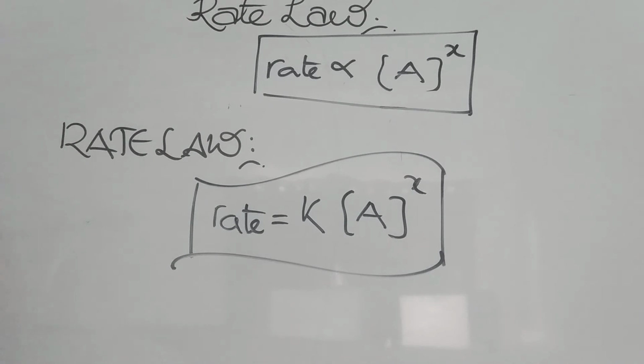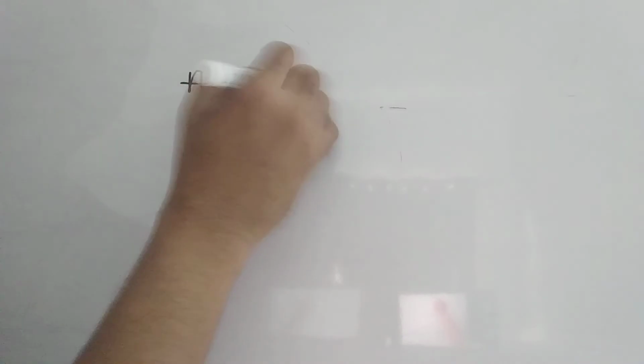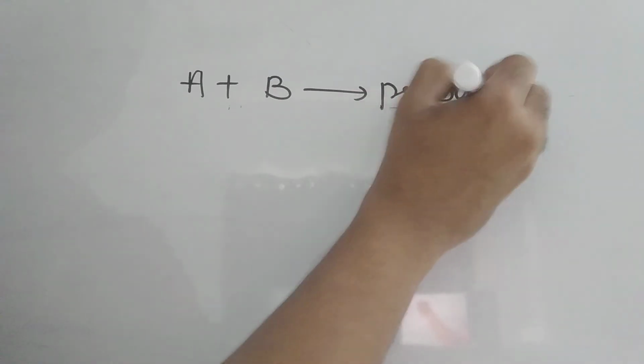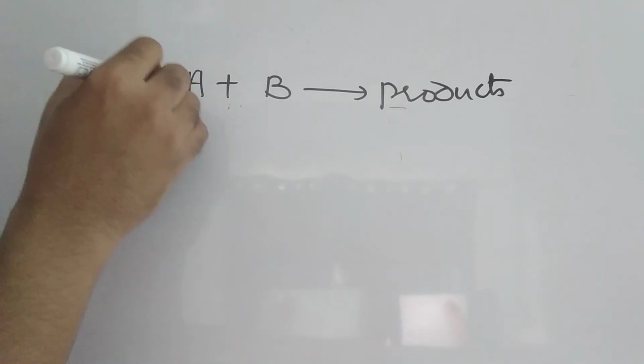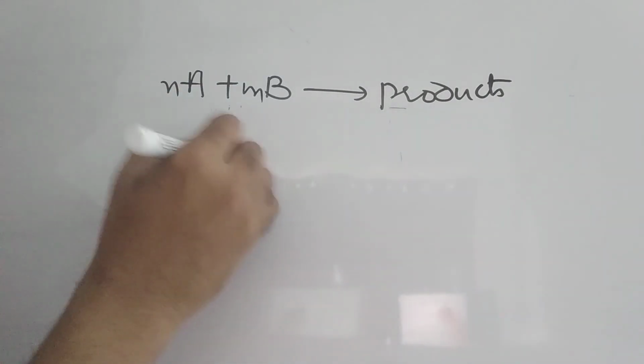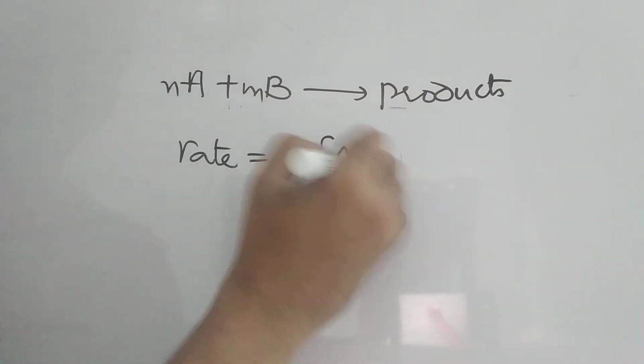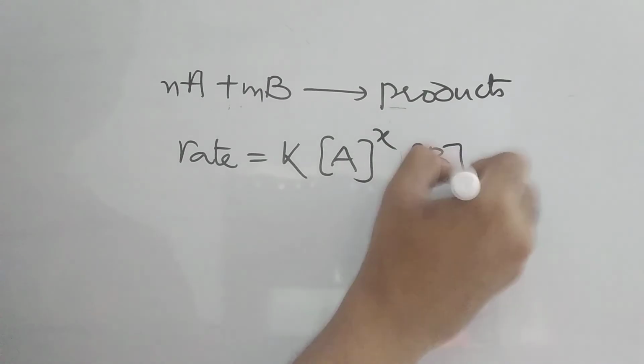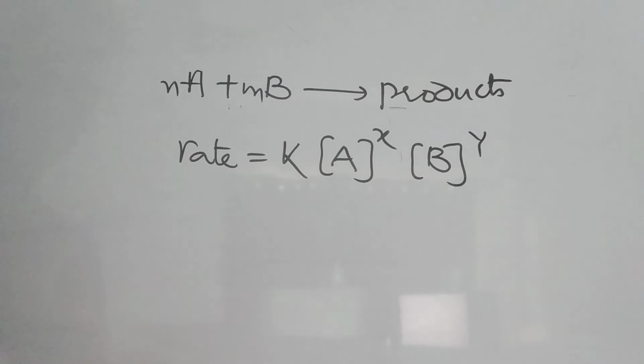In rate law, again one important point is there. For example, A plus B gives rise to products. If this is the case, let us say n moles of A, m moles of B, then rate is equal to K into A to the power of X and B to the power of Y. It may be noted that X may or may not be equal to n.